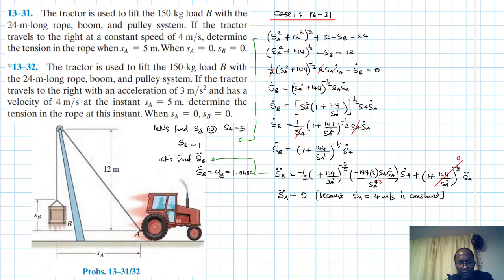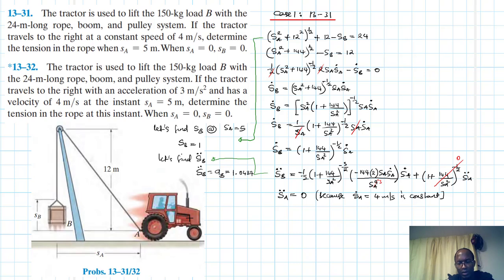144 divided by 5 squared, plus 1 to the power minus 1.5, times 0.5 times 144 by 2, by 4 squared, divided by 5 cubed.